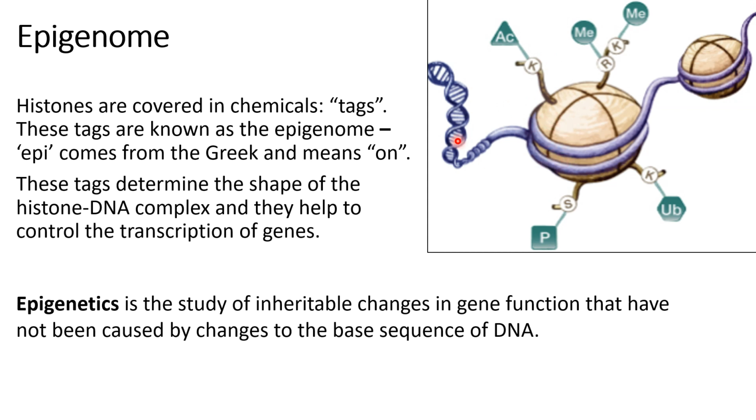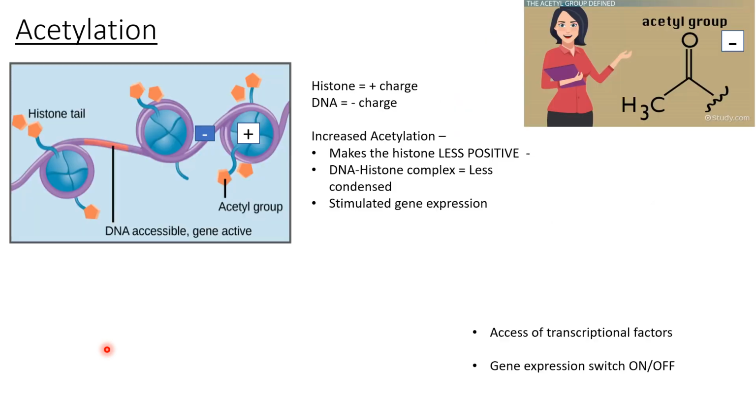Epi means on, so chemicals are attached to the DNA-histone complex. Epigenetics is the study of inheritable changes in gene function that have not been caused by changes of the base sequence of DNA. You have to memorize this definition for a 2-mark question for AQA A-level epigenetics definition.